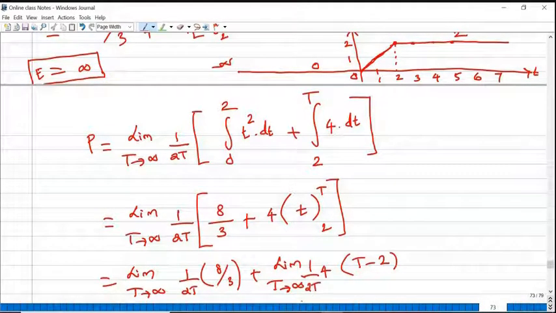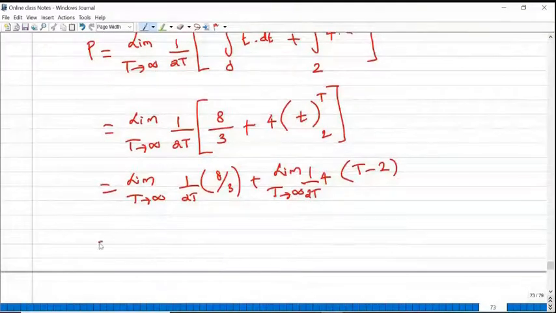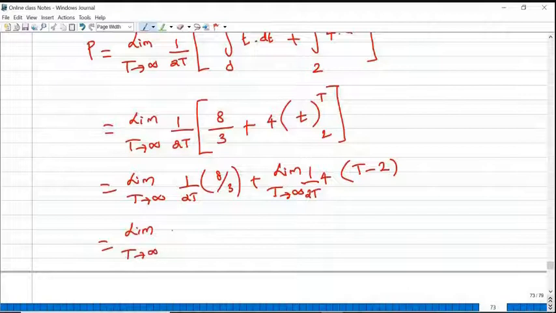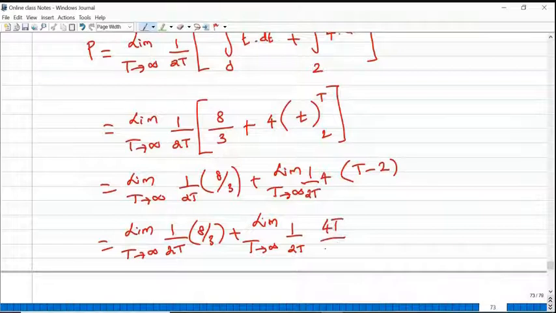Okay. So further just expand these equations: limit T tends to infinite 1 divided by 2T times 8 by 3, plus limit T tends to infinite 1 by 2T times 4 into T, so 4T by 2T.